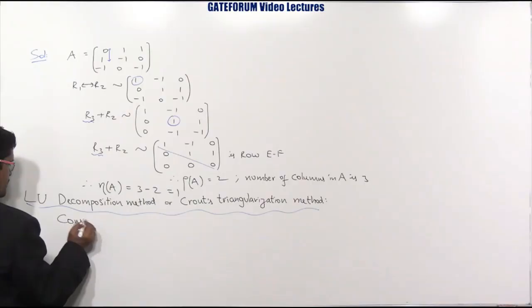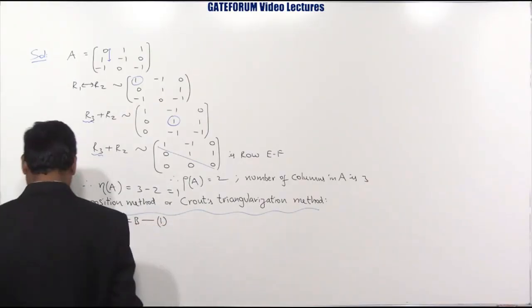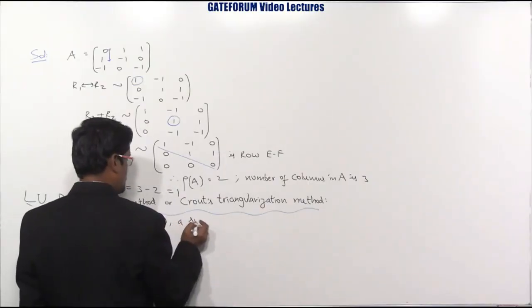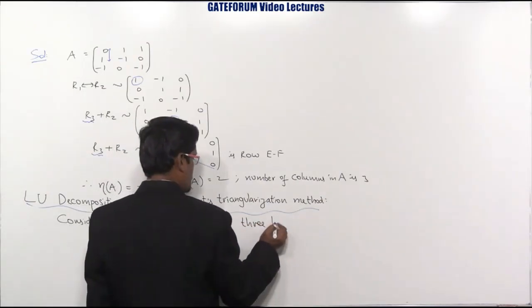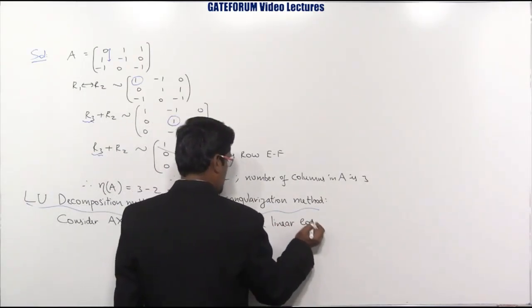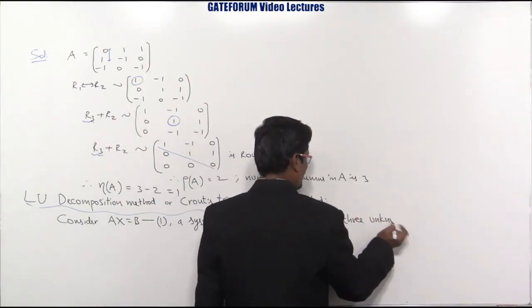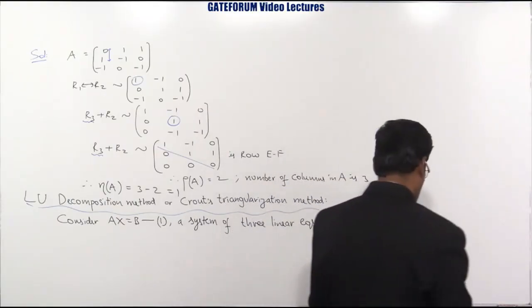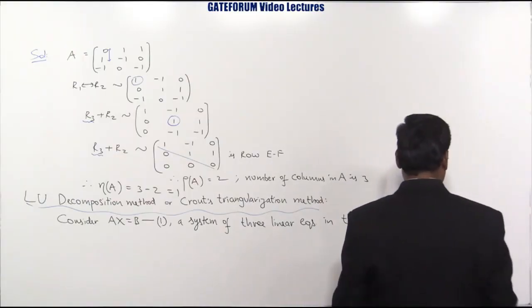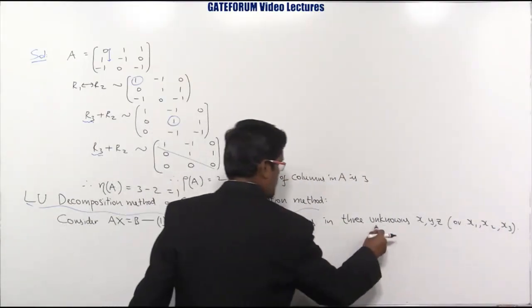Consider Ax = B, equation 1, a system of 3 linear equations in 3 unknowns, that is variables, x, y, z, or x1, x2, x3, whatever you like. I am considering just 3 linear equations in 3 unknowns.